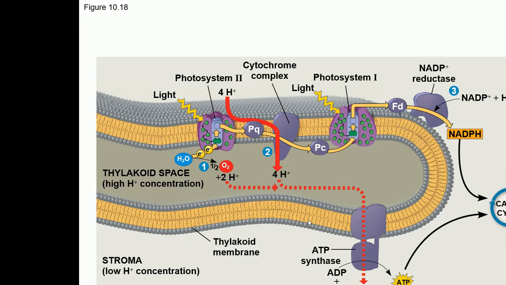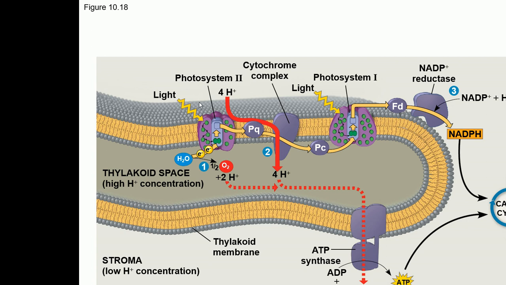So this basically overall shows you how these photosystems are there, photosystem 2, photosystem 1, and in between these two photosystems, ATP is produced, and at the end of photosystem 1, NADPH is produced. So here you can see that this is the electron transport chain between the two photosystems.